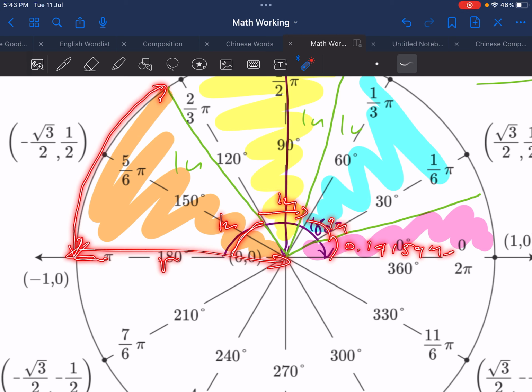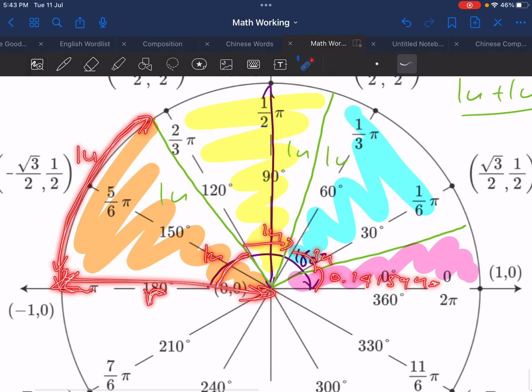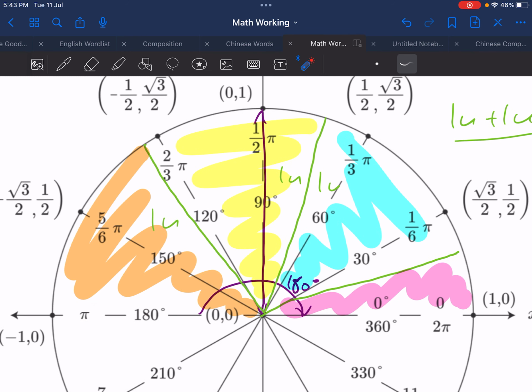Unit is just a ratio, it's like a labeling. This r here, radius over here, is equal to the radius here. It's the same length, 1 unit. Same for this. The radius here is equal to this, 1 radius.